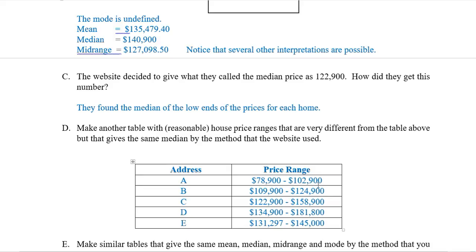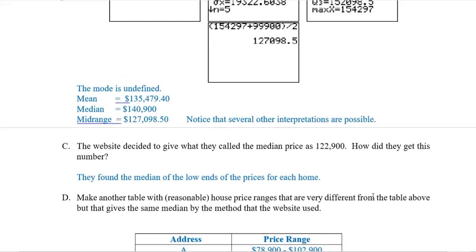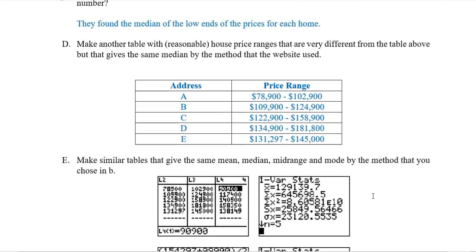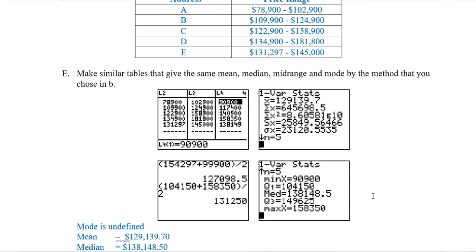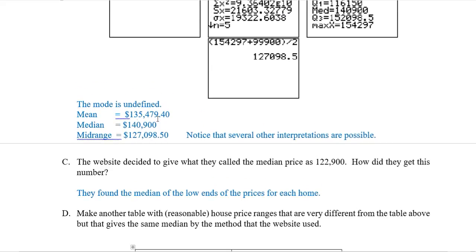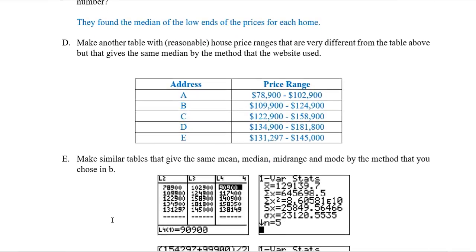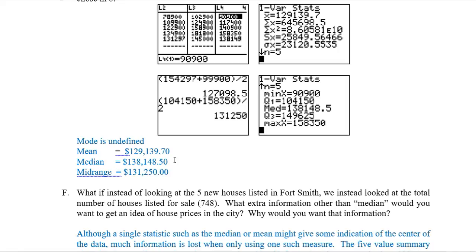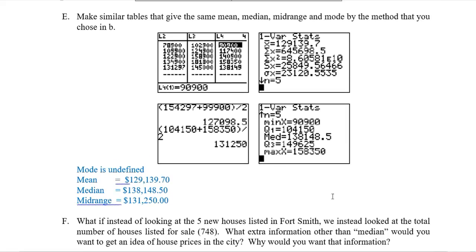But this is perhaps a very different grouping here, and we get, by my method of taking the midpoint and then doing the mean, median, and range, numbers that are a bit different than the ones I had here. Basically, quite a bit higher, and yet using the website's method, we get the same median.